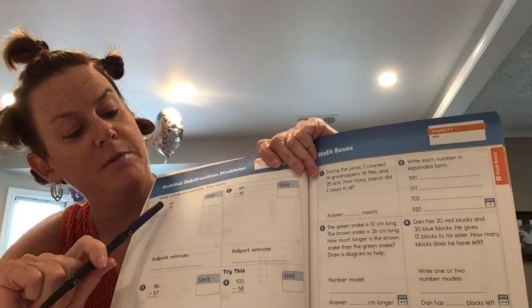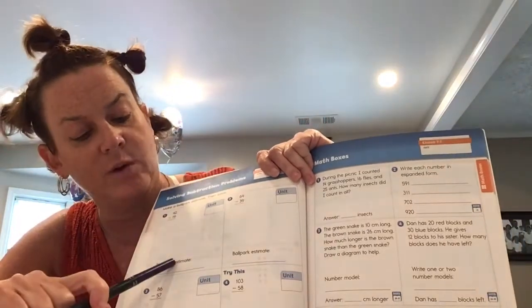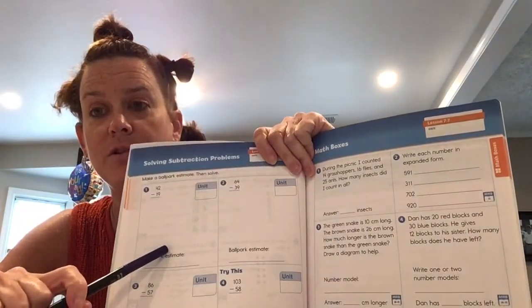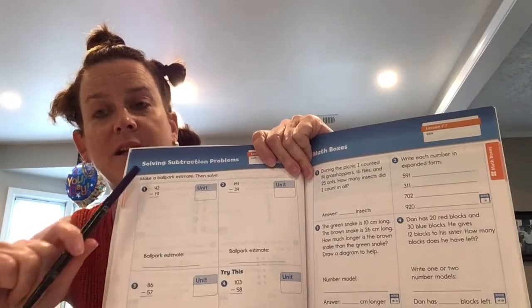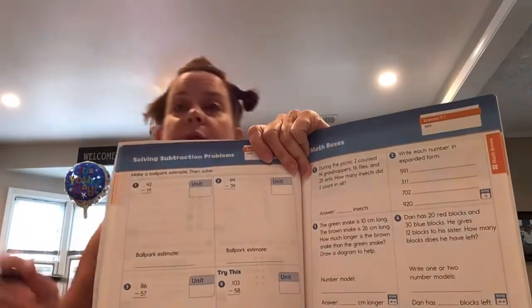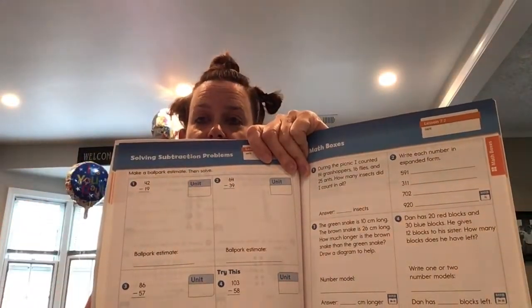So the first problem is 42 minus 19, and it wants me to do the ballpark estimate first. So to do the ballpark estimate, I think of 42, and I think, oh, it's between 40 and 50, my 2 multiples of 10, but it's closer to 40. Remember, ballpark estimate is just getting close.